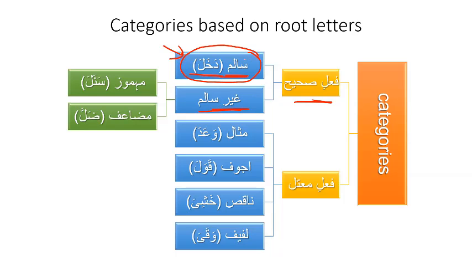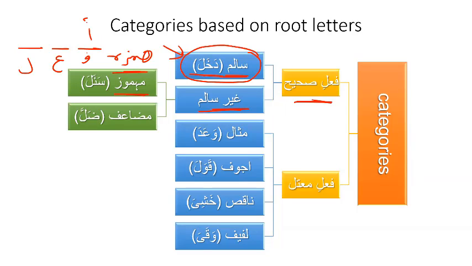Ghair salim means that we don't have any harfe illat, but we have some other issue. So with ghair salim, either we can have mahmuz. Mahmuz comes from hamza. So either we have a hamza, so we have three root letters, the fa, ain, lam.